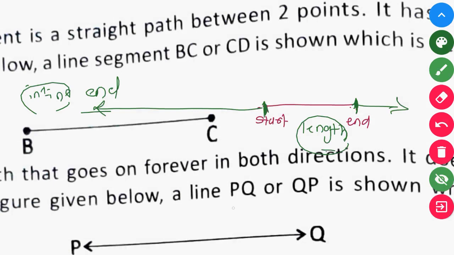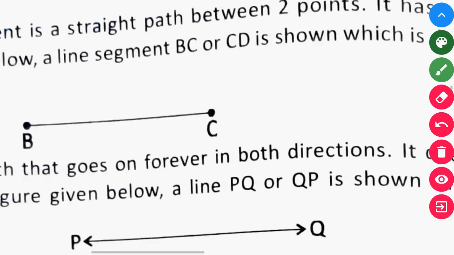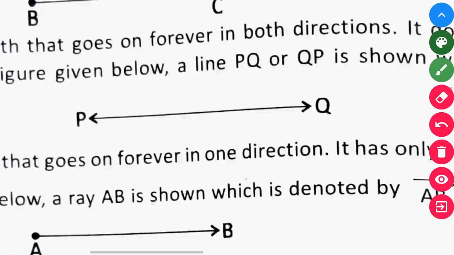Okay, so when any line is denoted by two arrows on its left and on its right, then it is a line. But if it is denoted by points, then it is a line segment. Understood?